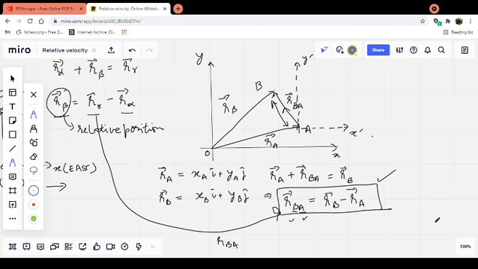RBA, what does it represent? It represents position of B with respect to A.